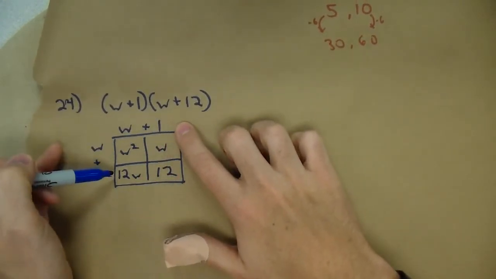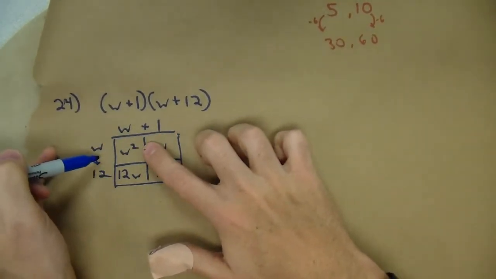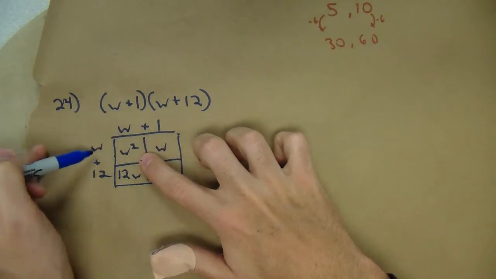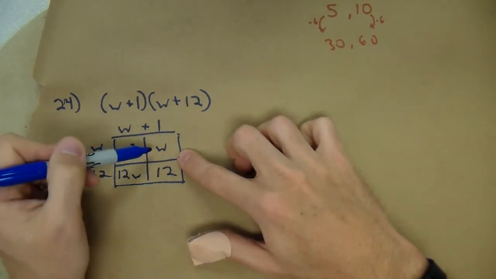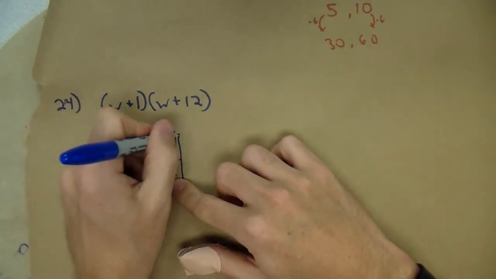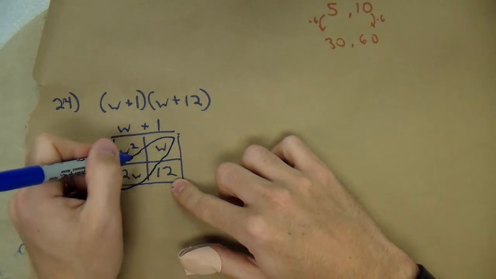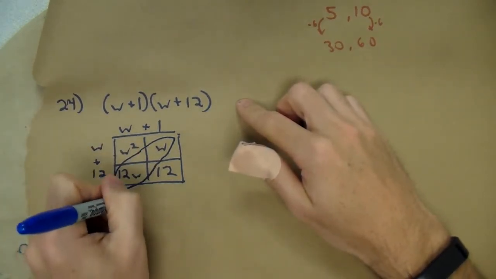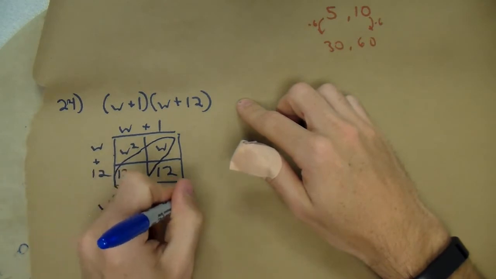Well, I set up each term along the top or the side, and I multiply the row and the column to get the new value in the box. So w times w is w squared, 1 times w is w, 12 and w, and then 1 and 12. What's nice about this is most times we get like terms right here, so I'd say w squared plus 13w plus 12.